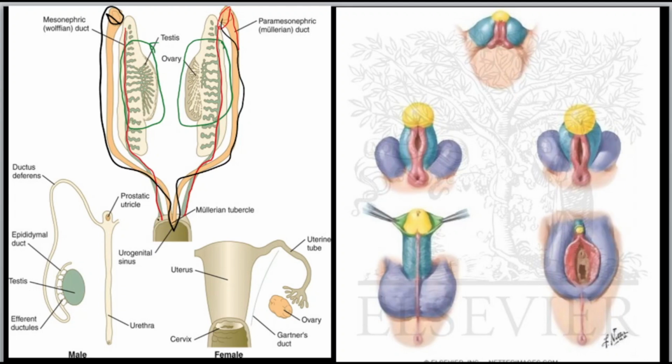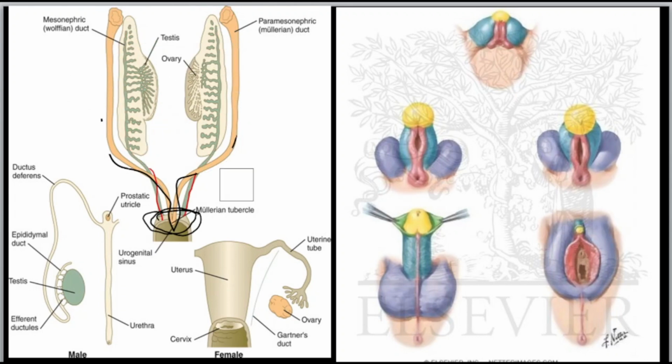These two structures are embedded into the urogenital sinus. This lies around the cloaca. This is the important structure that gives rise to internal genitalia.